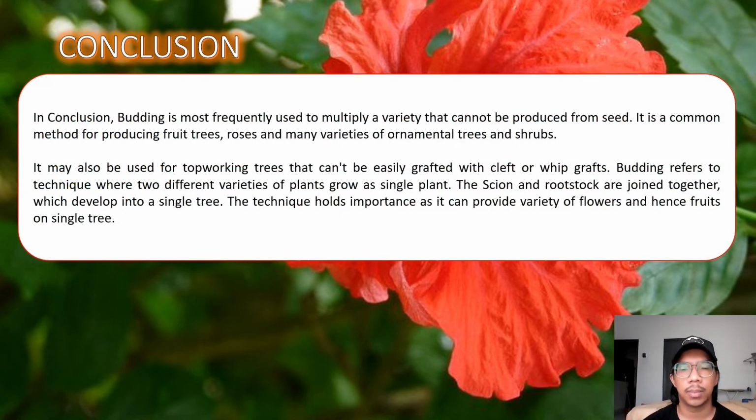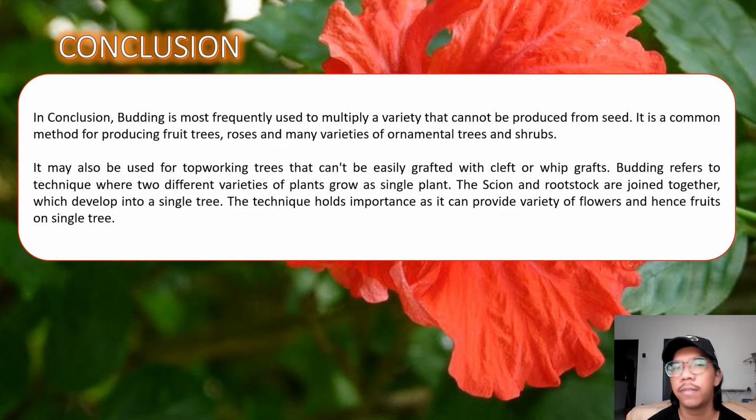So that's my conclusion. In conclusion, budding is most frequently used to multiply a variety that cannot be produced from seed. It is a common method for producing fruit trees, roses, and many varieties of ornamental trees and shrubs. It may also be used for top-working trees that cannot be easily grafted with a cleft or whip graft.